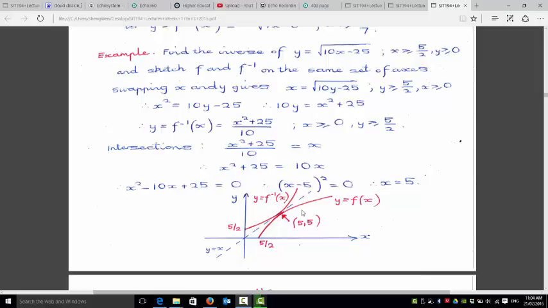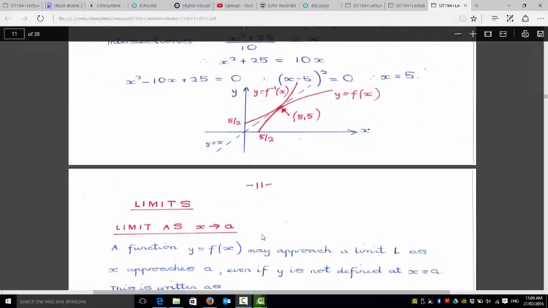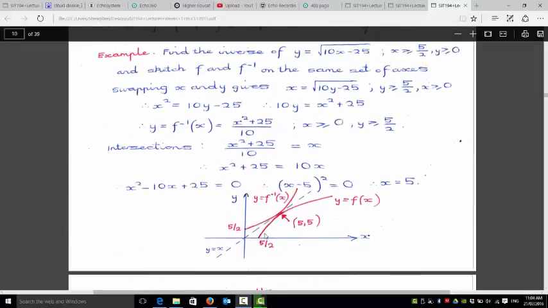And as I mentioned, because the function and the inverse function are reflections of each other according to the line y is equal to x, we just mirror it according to the line y is equal to x. Very simple, alright?